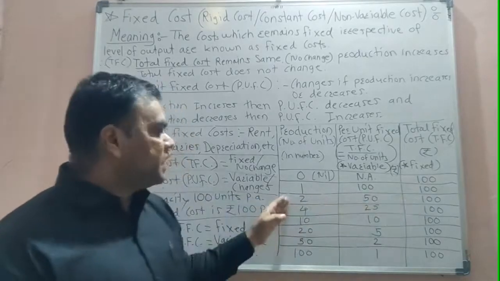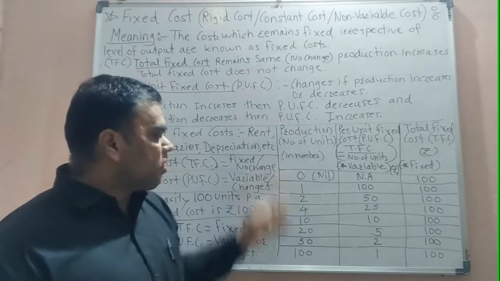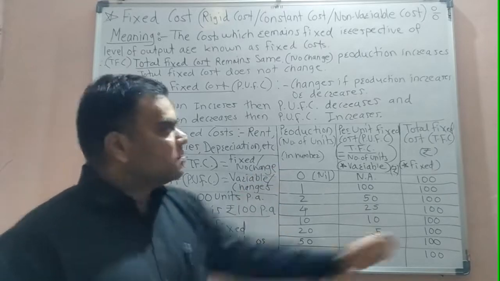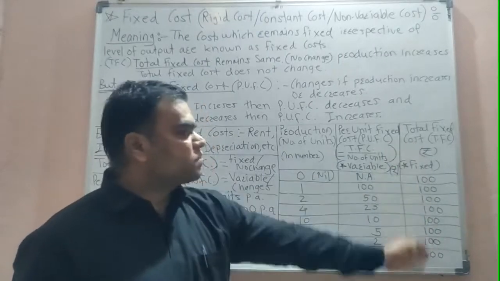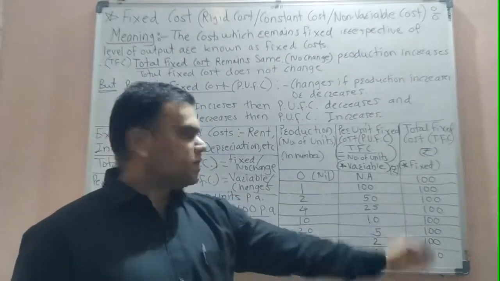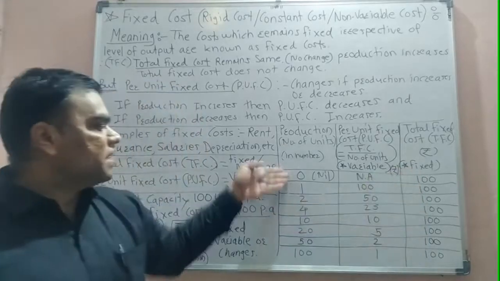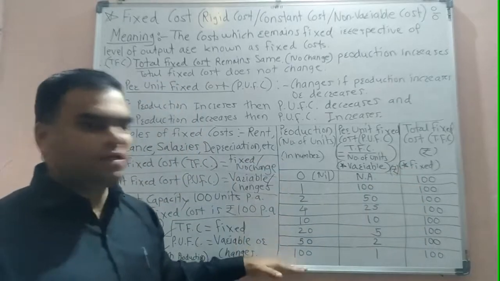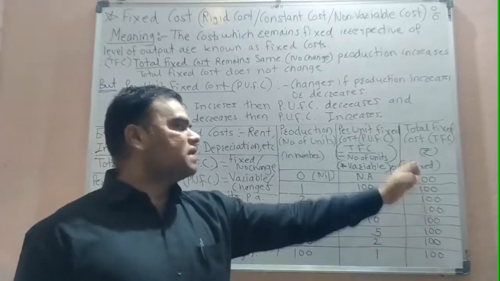If you increase the number of units to 20, at minimum or maximum, the rent to be paid, or total fixed cost, remains the same. You can see 100 at all levels, from minimum to maximum capacity. You have to pay rupees 100 fixed cost. It doesn't change.